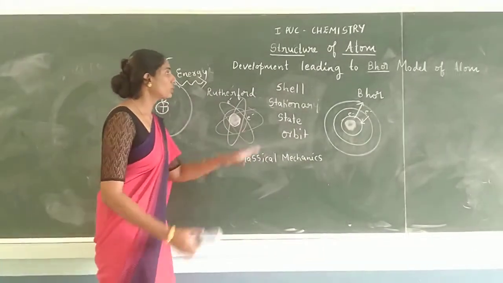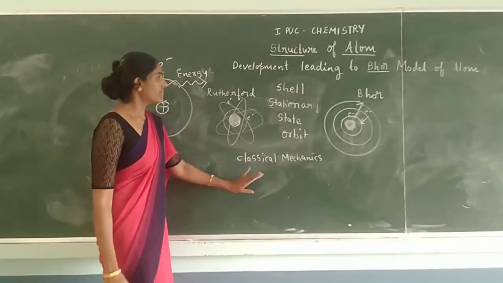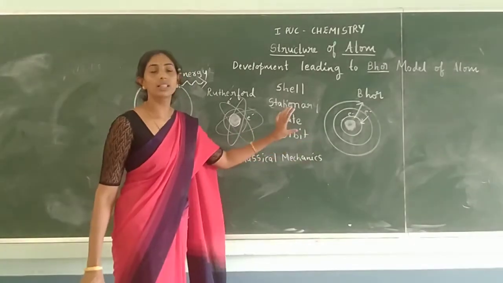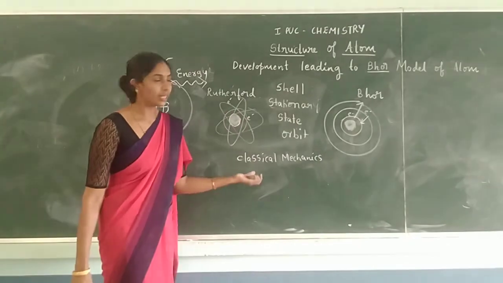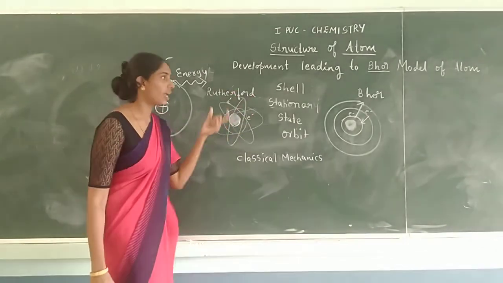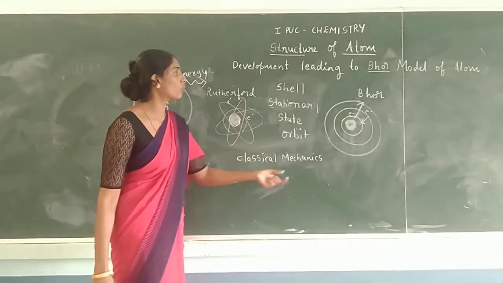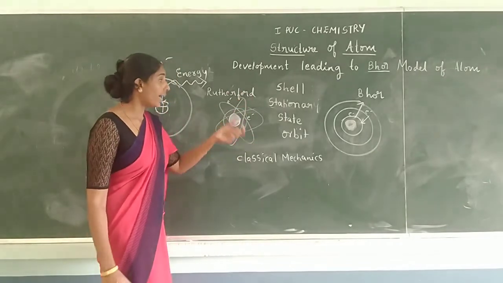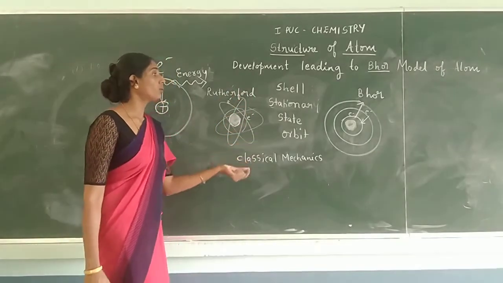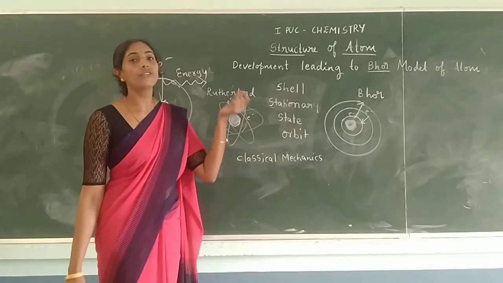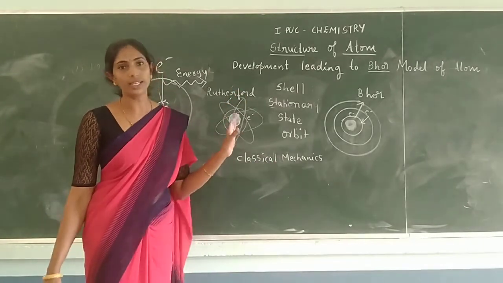Okay, according to the Bohr model of the atom, he said that electrons don't have random movement, they have allowed orbits. In the allowed orbit only electron movement can be observed, and the energy of the electron and the radius of the electron is fixed, doesn't change with time.